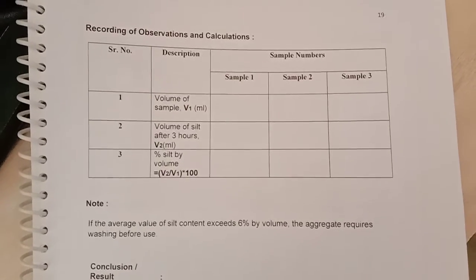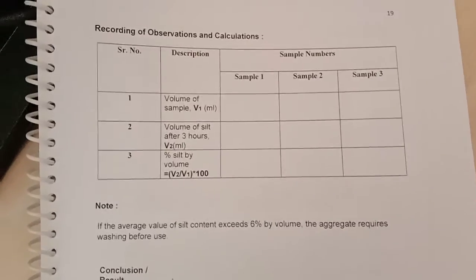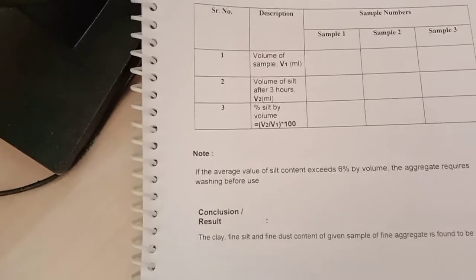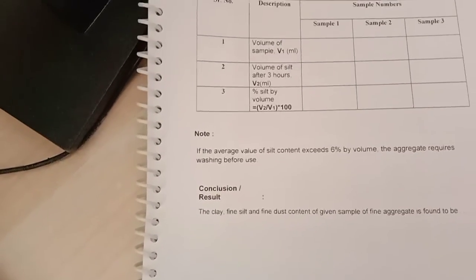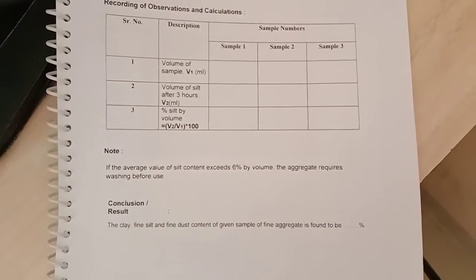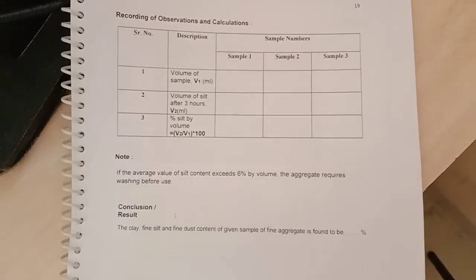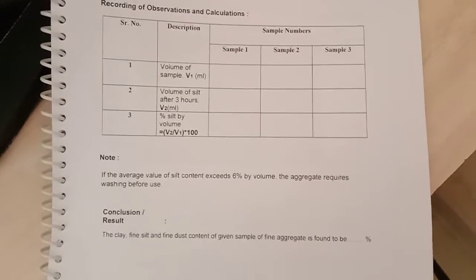The percentage of silt can be calculated by V2 upon V1 into 100. That is the silt percentage. We have to carry this out 3 times so that we can get the average reading properly.